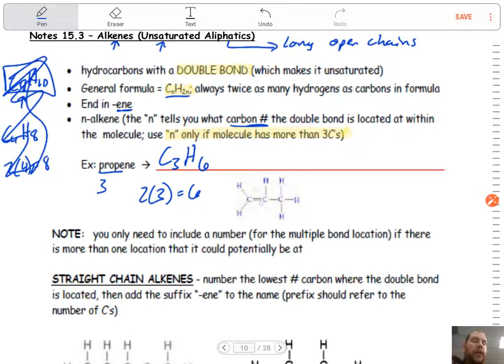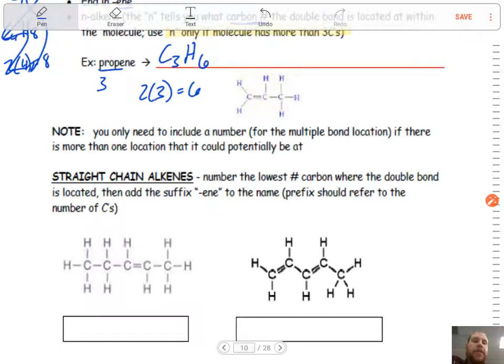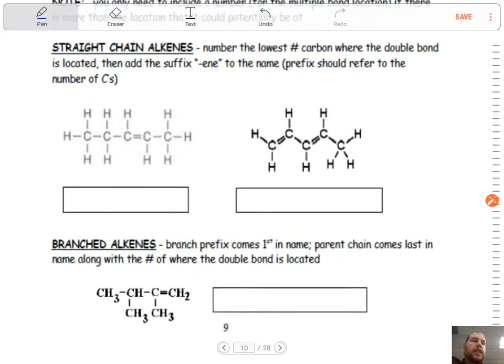You may think, don't we have to label where that double bond is? Not if there's only 3 or less carbons. It's always going to be that first carbon, because even if we switch this double bond over here, it's still on the first carbon, since it goes to the lowest number. You only need to include a number if there's more than one location it could potentially be at.